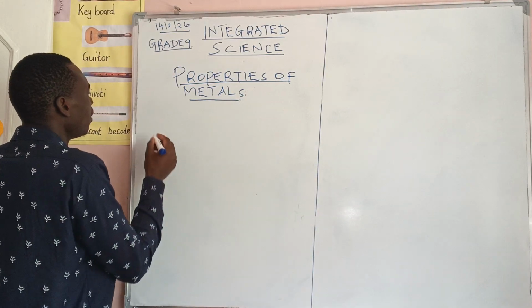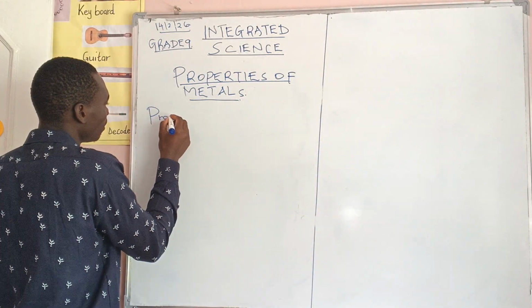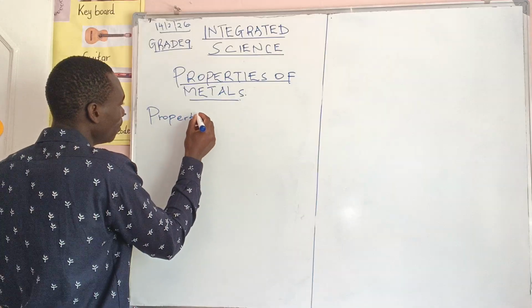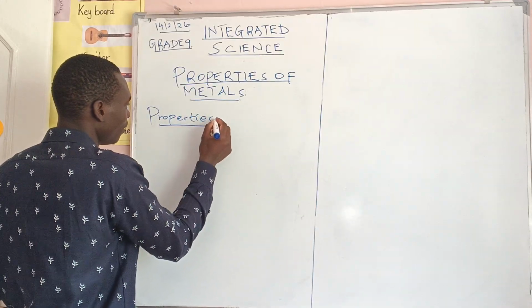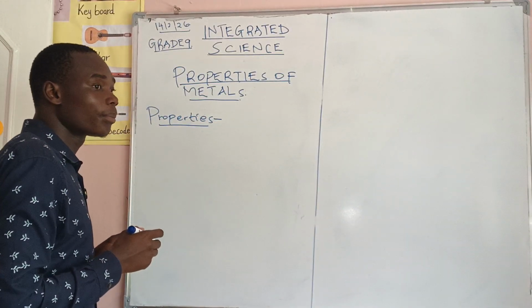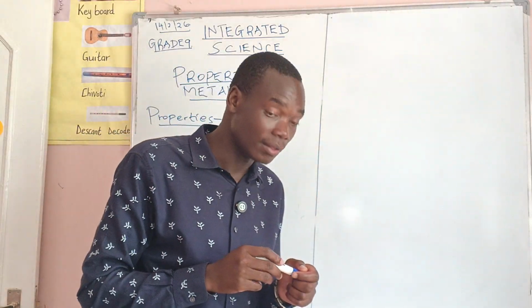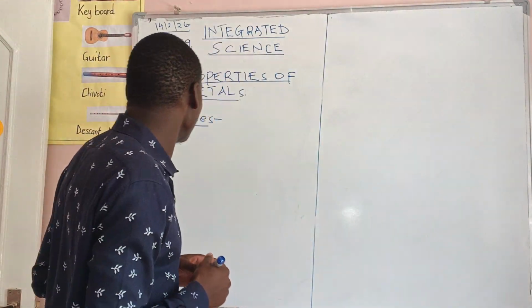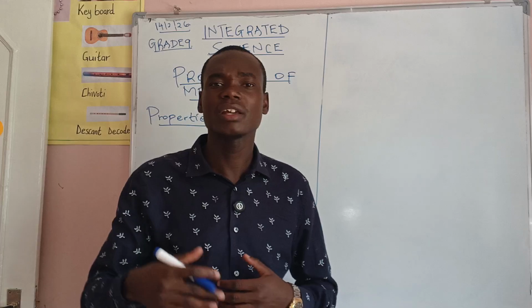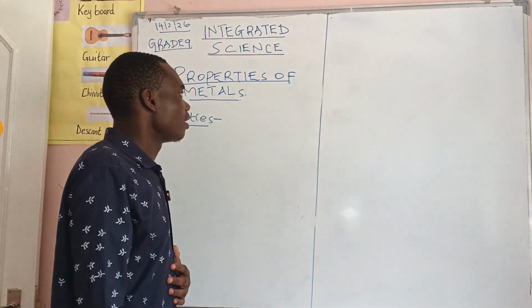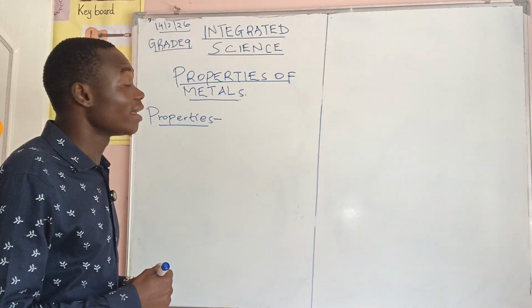Now, what are properties, first of all? We have to understand the meaning of properties. If anybody asks you, what are your properties? At some point, they can be possession.